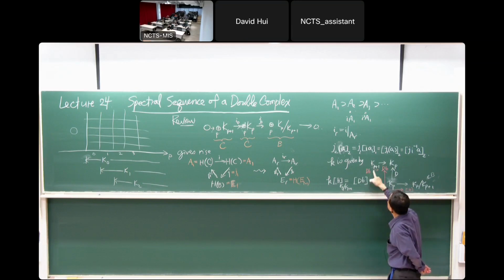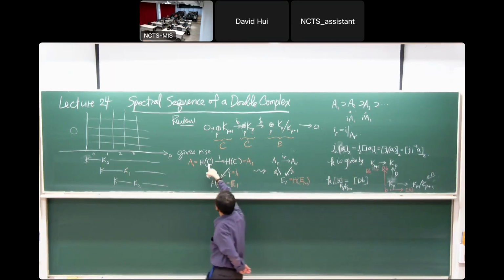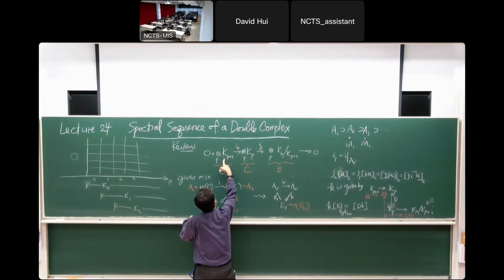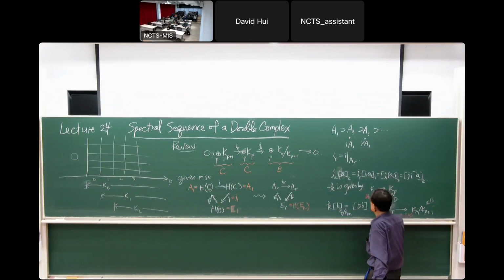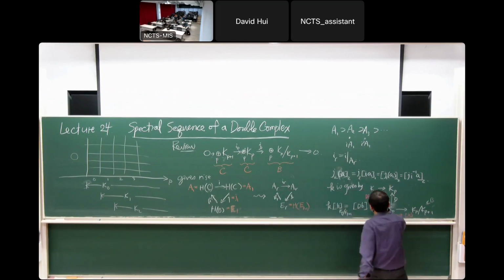So, right, and so this is, it's in H of C, so it is in H of this direct sum, and so this db is in K_{p+1}.